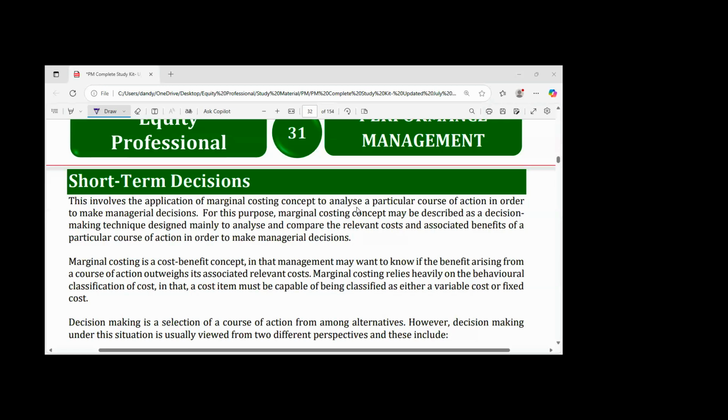So for this purpose, we can say that marginal costing technique involves the process of comparing the benefits arising from a particular course of action with its relevant costs.